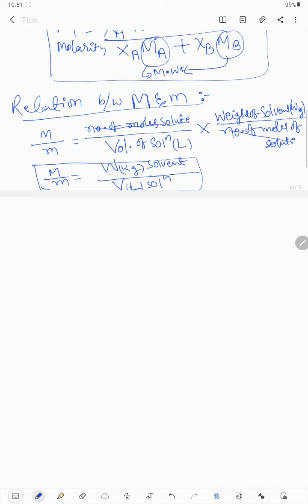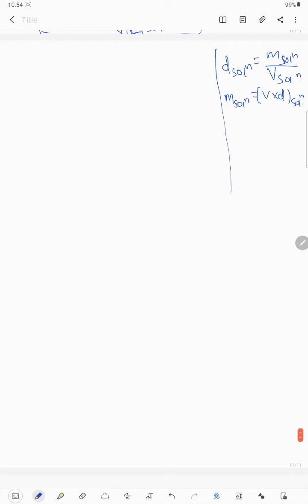Now look carefully. Here I will give some relations. Density of solution is equal to mass of solution divided by volume of solution. So mass of solution is equal to V into density of solution.